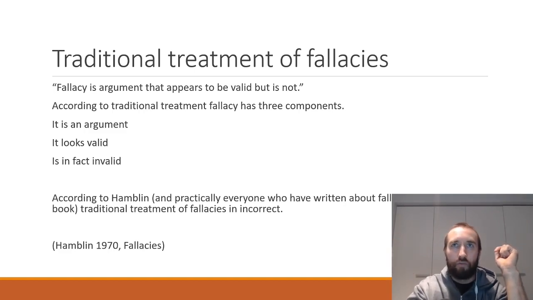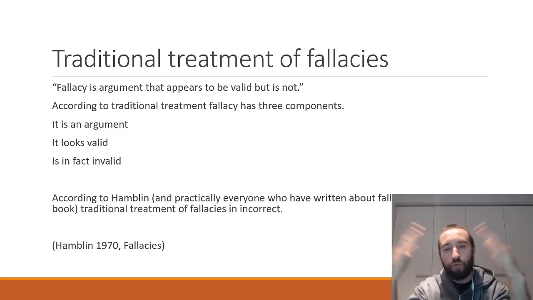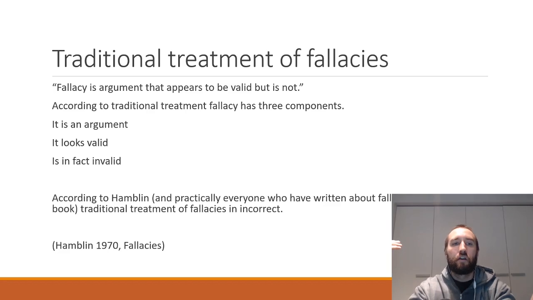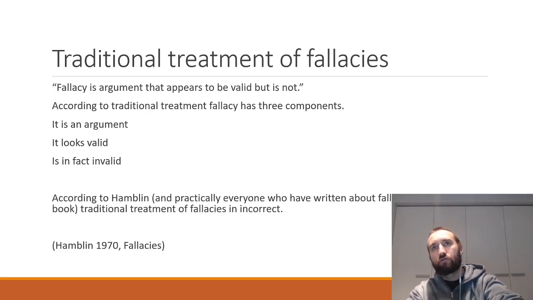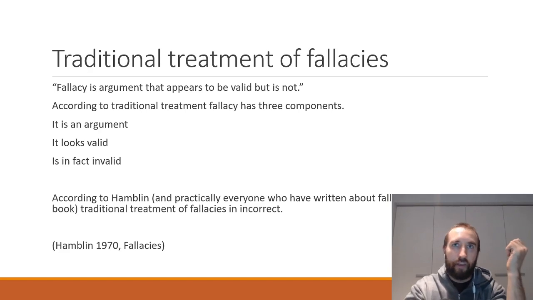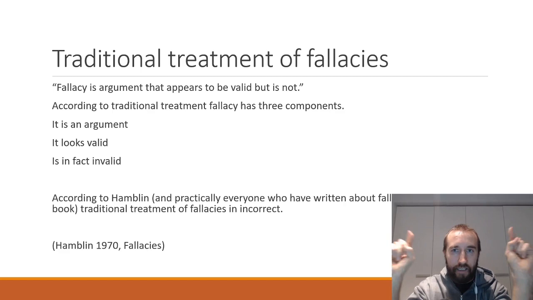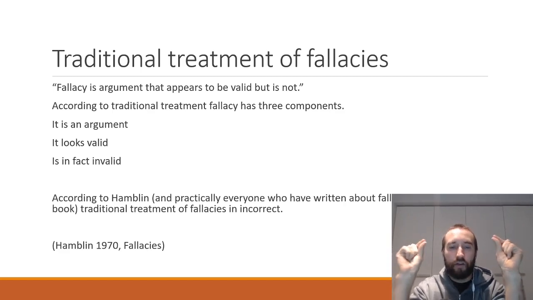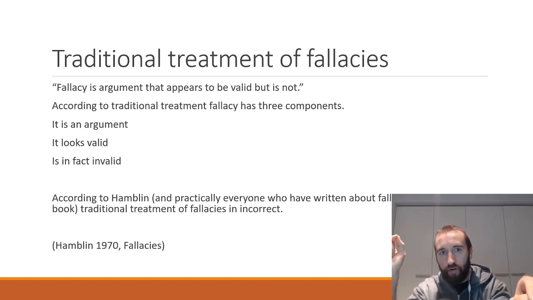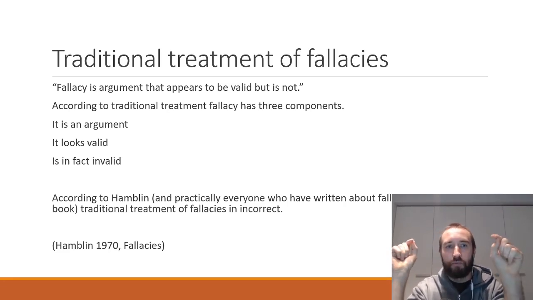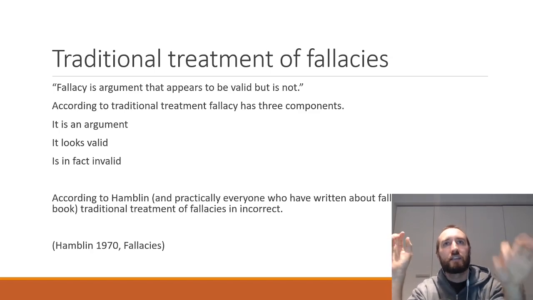Where contemporary treatments differ is that some of them think that one of these three things I've listed here is wrong, some think that two of them are wrong, and some think that all of them are wrong. But at least every contemporary treatment thinks that at least one of these doesn't apply, which means that this way of defining fallacies cannot be right.